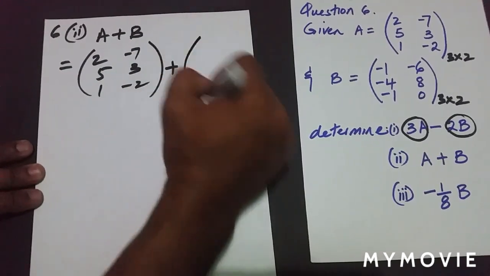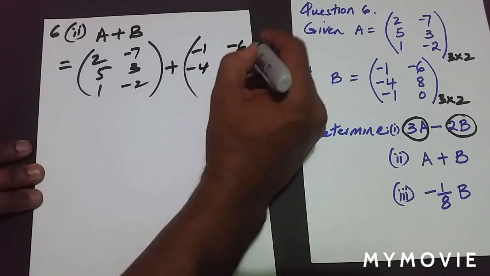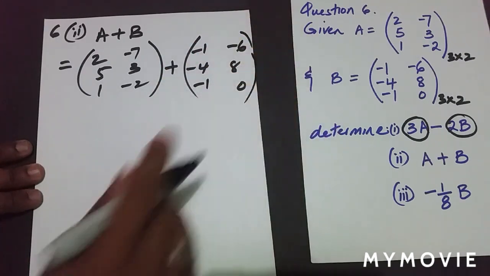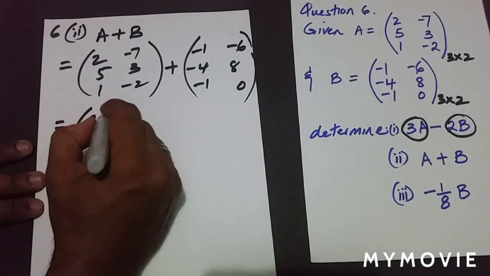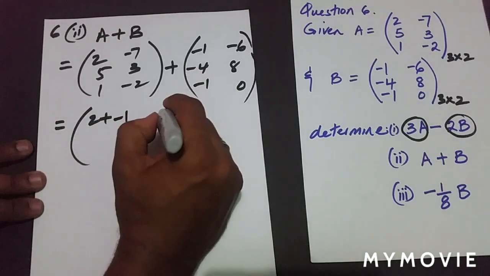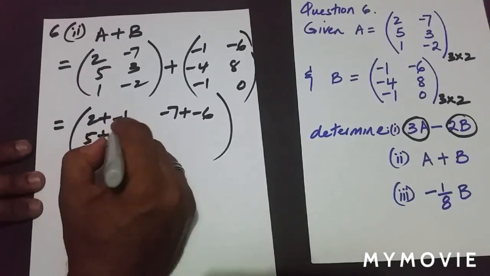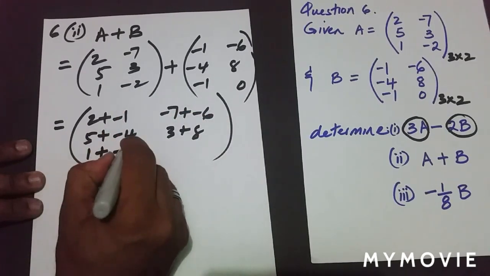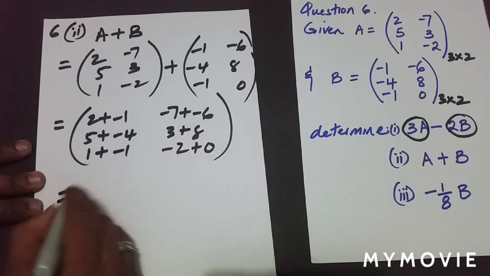And we're adding to matrix A, matrix B, which is negative 1, minus 6, minus 4, 8, minus 1, 0. All right, so we're adding the corresponding elements. So this will be simply 2 plus negative 1, negative 7 plus negative 6, 5 plus negative 4, 3 plus 8, 1 plus negative 1, negative 2 plus 0.